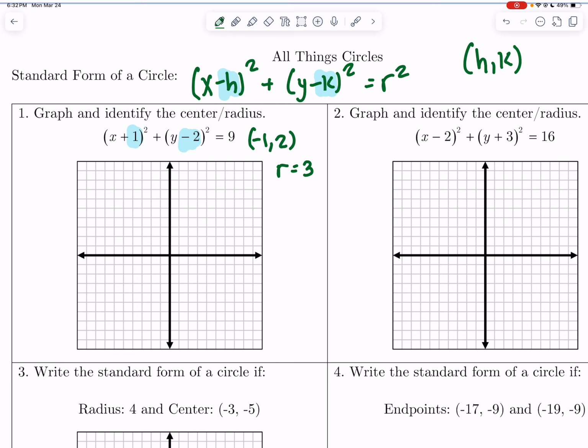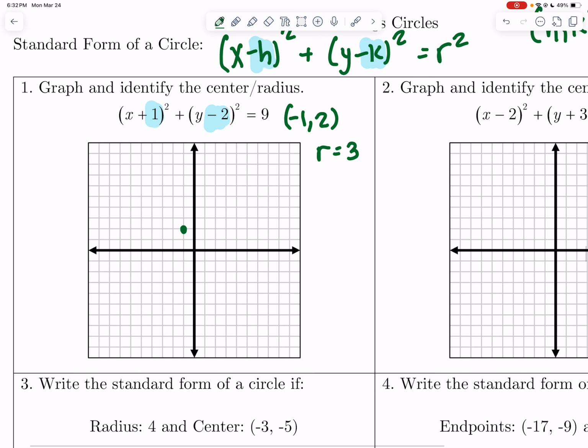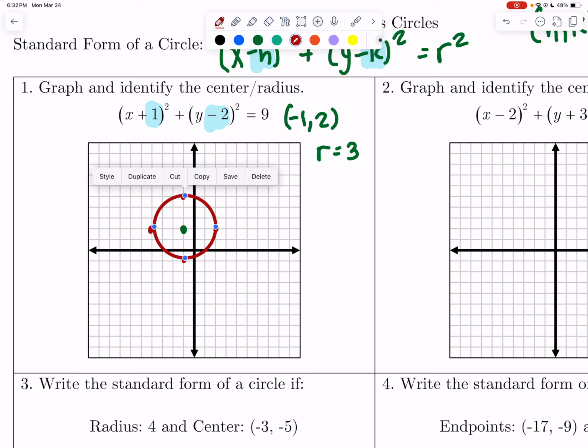So I'm going to plot (-1, 2). And then because my radius is 3, I'm going to go up 3, left 3, right 3, down 3. And those are going to give me my 4 points to create a lovely circle. Right here. There we go. And that is my circle for number 1.